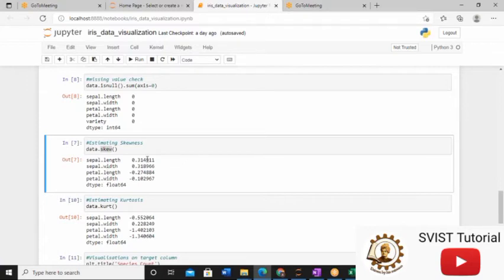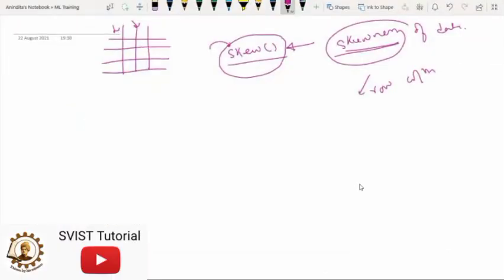Now let's talk about the values, mathematically. If you find the skewness value between minus 0.5 and 0.5, then you can say that your data is fairly symmetrical. That is the first conclusion.